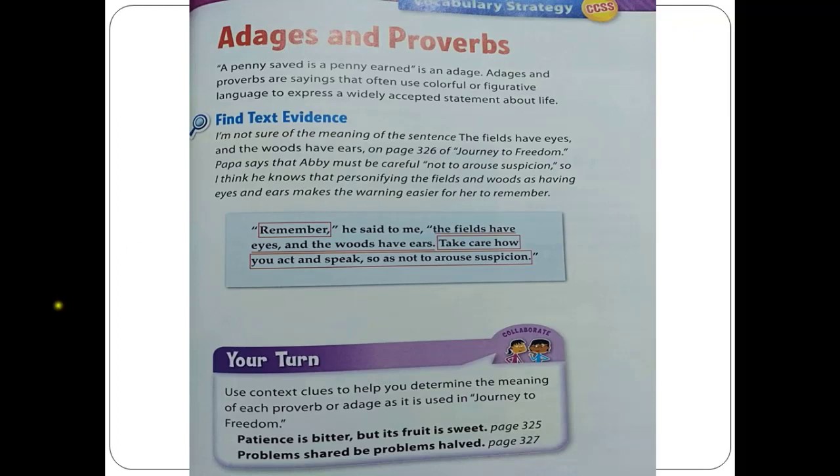And in your text you can also see patience is bitter but its fruit is sweet. That being patient is not an easy job, but its fruit is sweet. A problem shared is a problem halved. When you share your problem with others, it means your problem is divided and decreased.